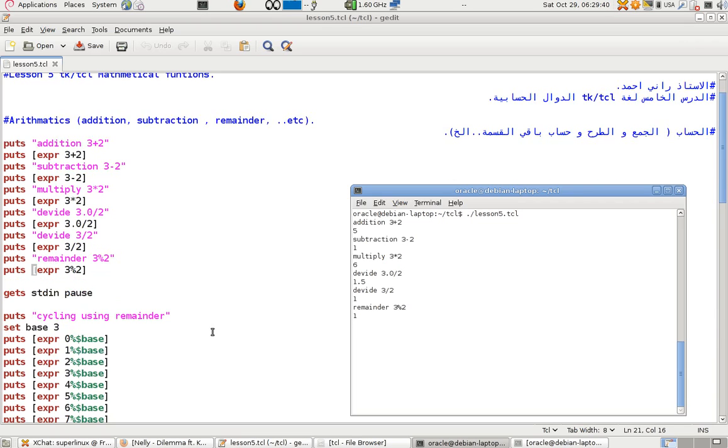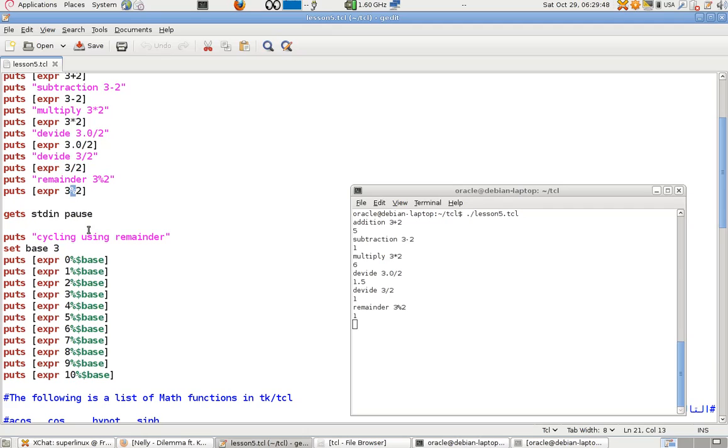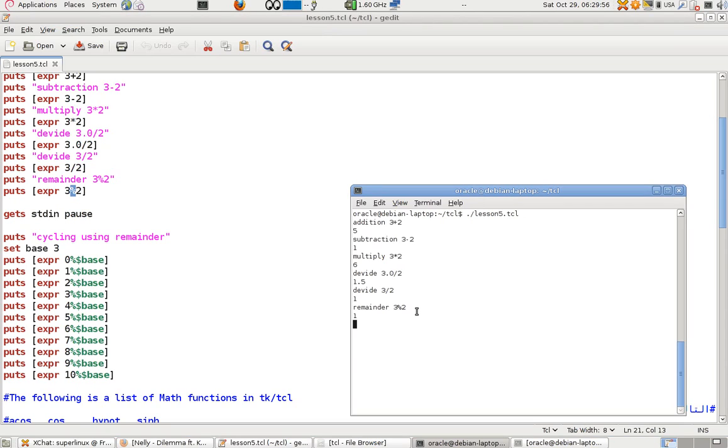Now I'm going to tell you what this remainder is useful for. This is what we call the modulus operator.